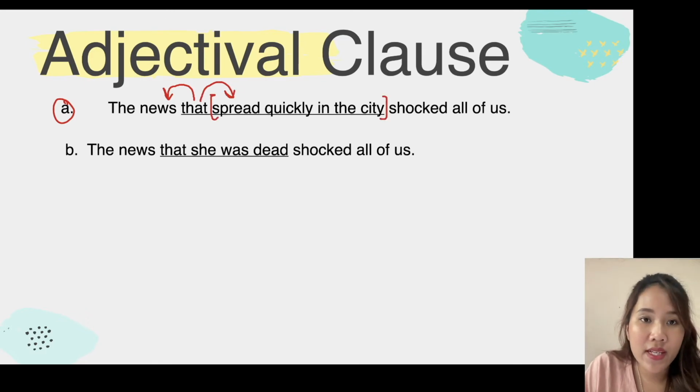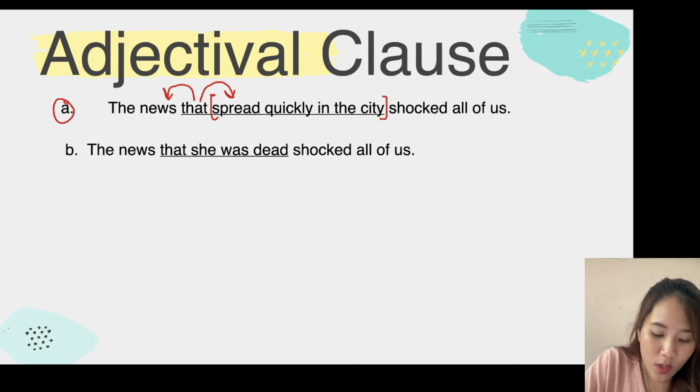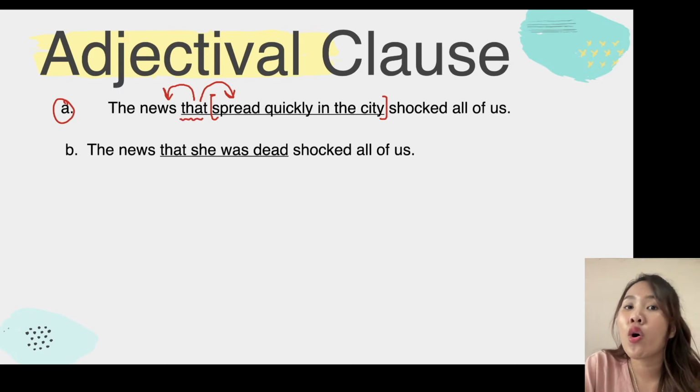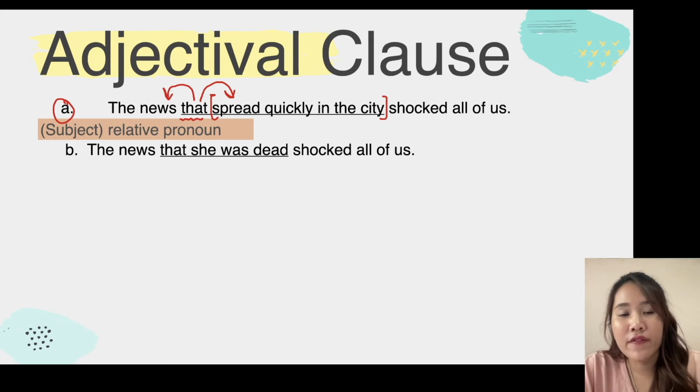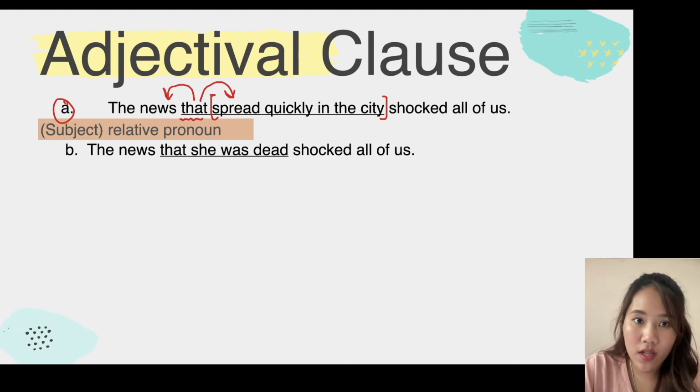Since we don't have any pronoun here, we will call that here the relative pronoun. Apart from that, we can have who, whom, where as well, as long as it seems like a conjunction functioning as the subject of the dependent clause as well, we will call it a relative clause.